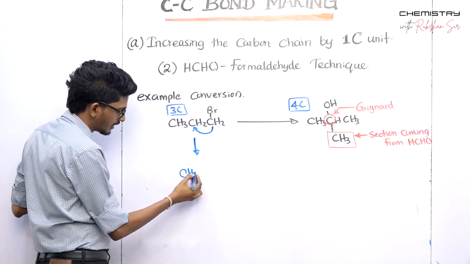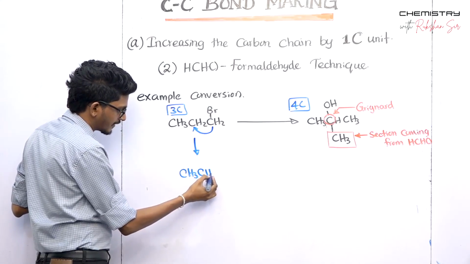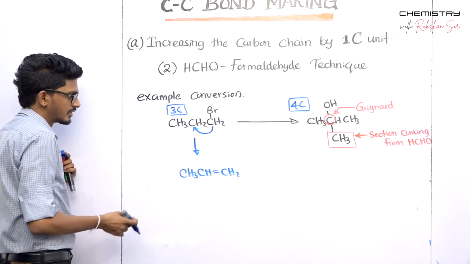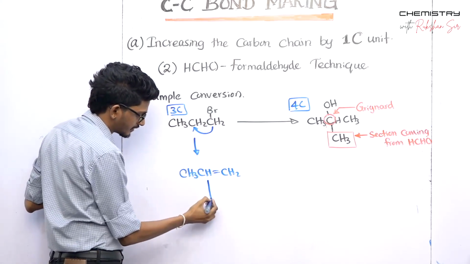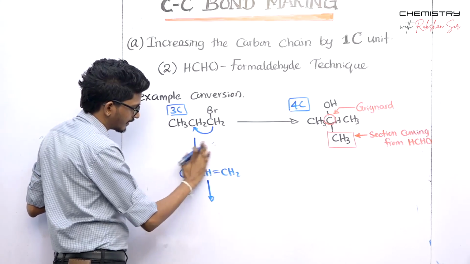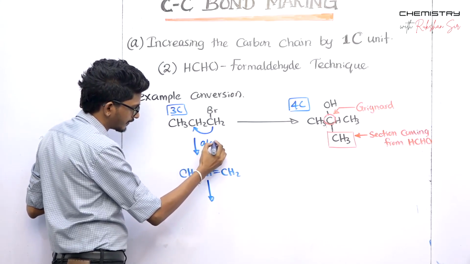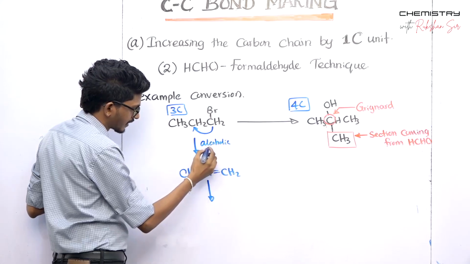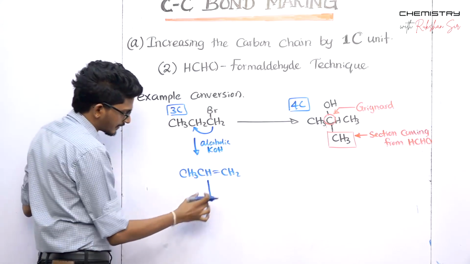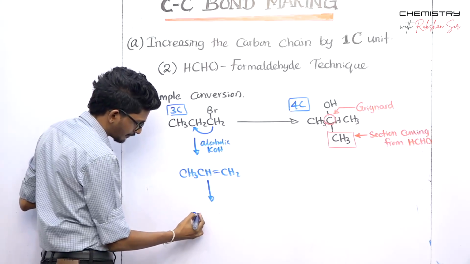So first of all, we can come up with a double bond to change the functionality towards the center. That can be done by alcoholic KOH. Then we can come up with some Br there.